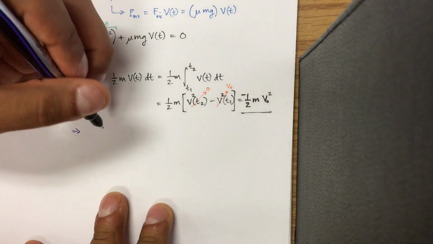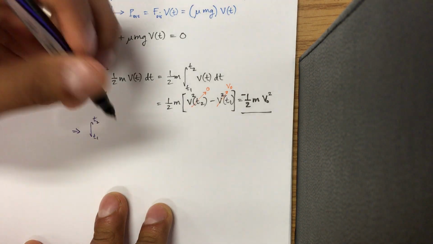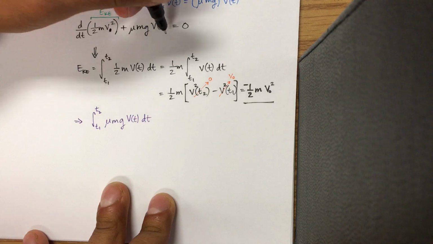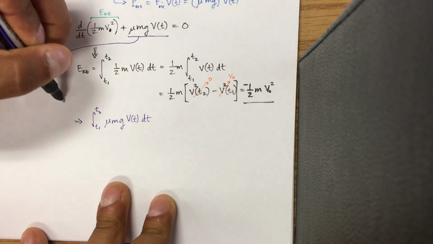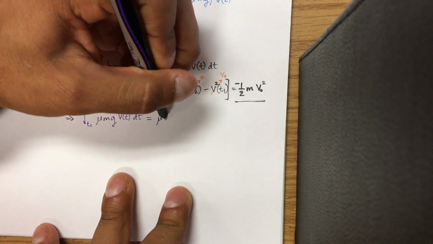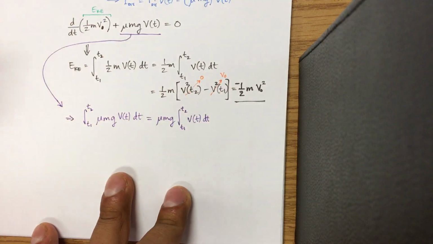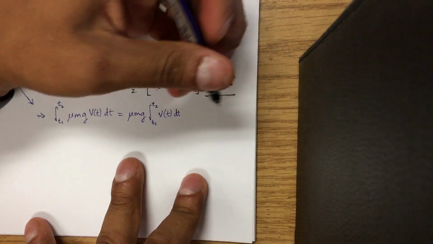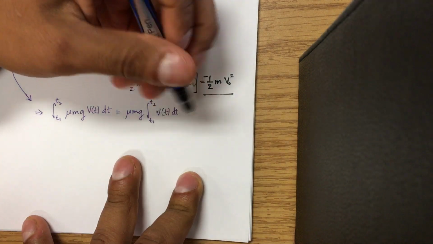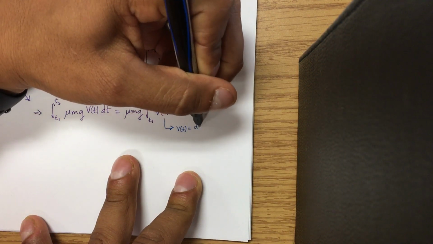So on the left-hand side, this is going to be the integral from T1 to T2 of mu mg v(t) dt. Okay, so what am I going to get? The mu and the mg are all just constants. Before I integrate, what I can recognize here is that v(t) is equal to dx/dt.